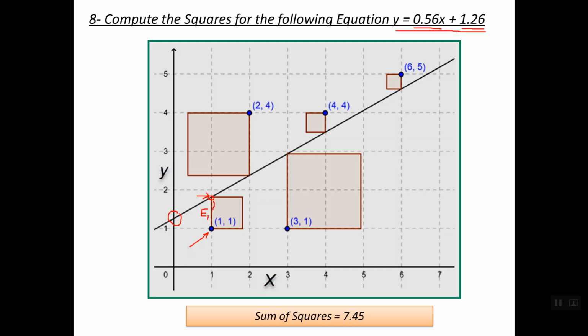So this value represents E1. Of course, we are interested in the square of E1. Having the square of E1 is the same as drawing a square with side length E1. So this is E1 and this is E1, and the area of the square represents E1 squared.